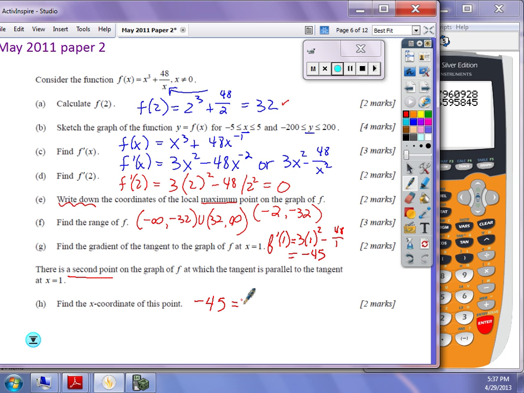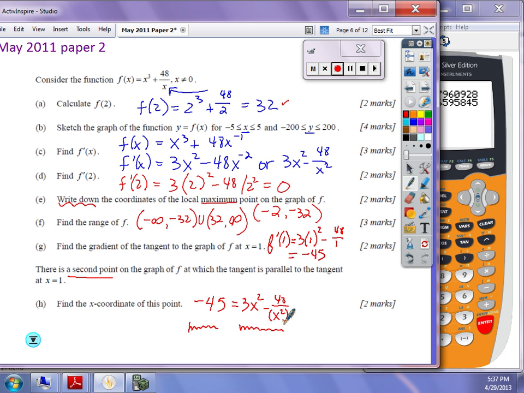So I'm going to say, where is that first derivative, 3x squared minus 48 over x squared, equal to -45. And I could go to y equals, and I could put -45 into y1, and I could put 3x squared minus 48 divided by x squared. Remember, when you divide, put that into parentheses, into y2, and solve for where they intersect.